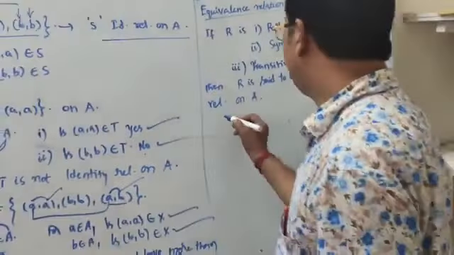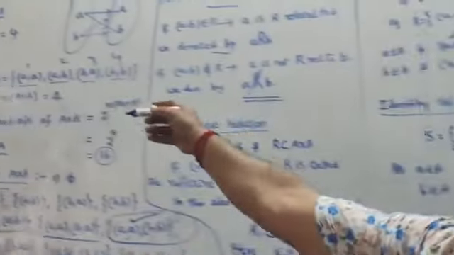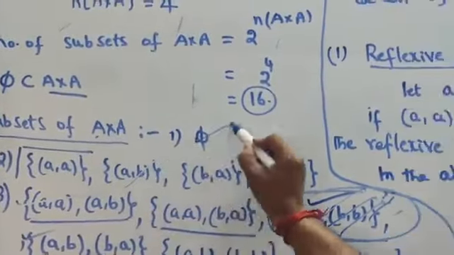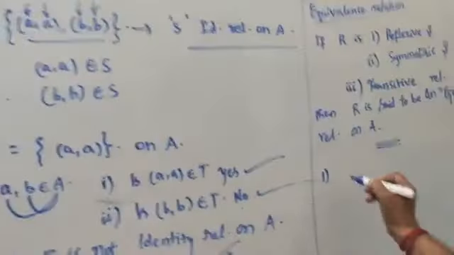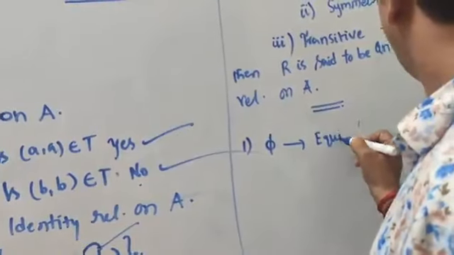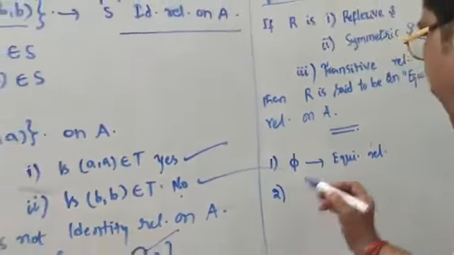And next, number one. Actually, you come here. Null set. First, our subset is null set. I am telling that null set phi is always equivalence relation. Next, number two.